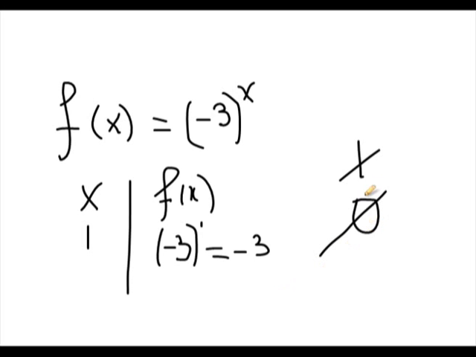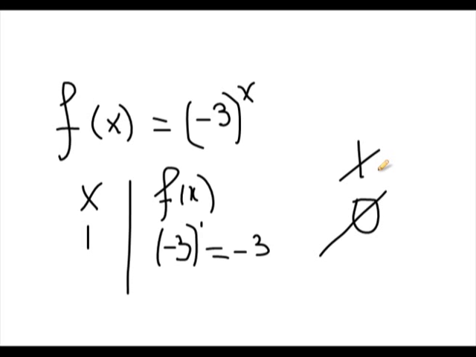With these conditions, we can be sure that whatever the positive base, the result, what I call the range, is always going to be positive. That's the principle for any exponential function.